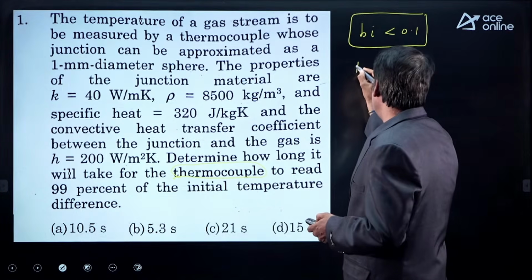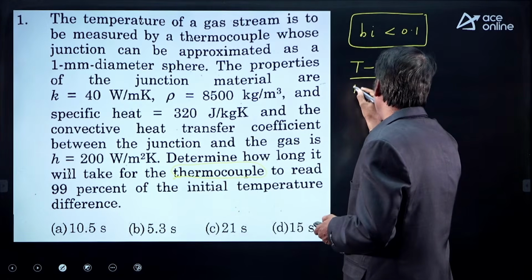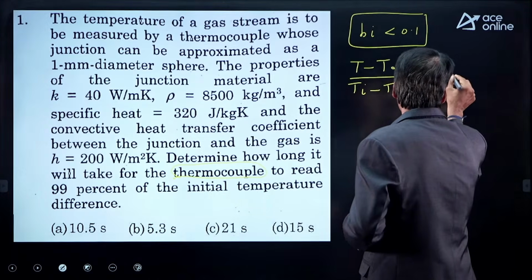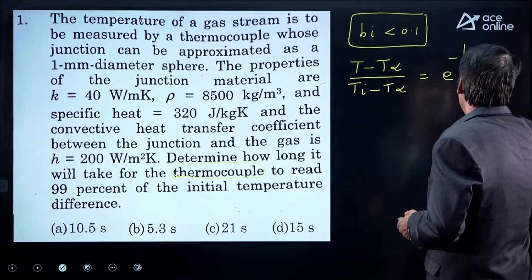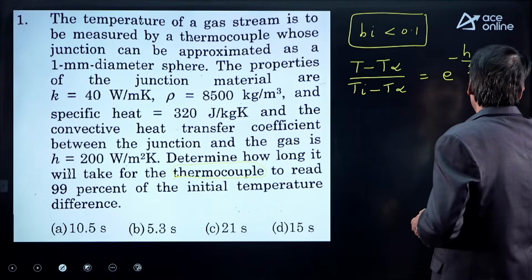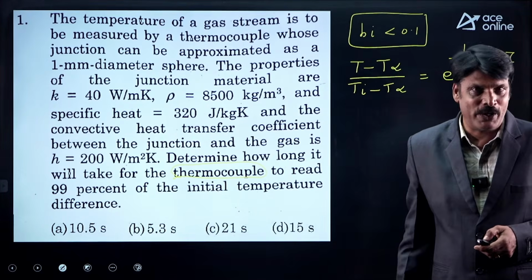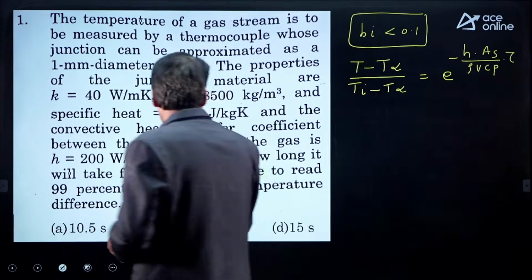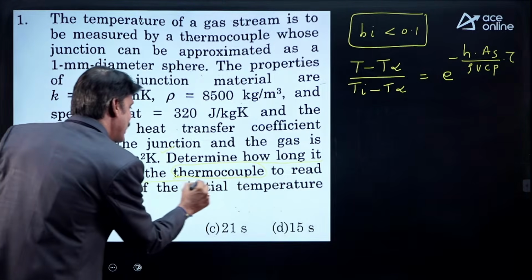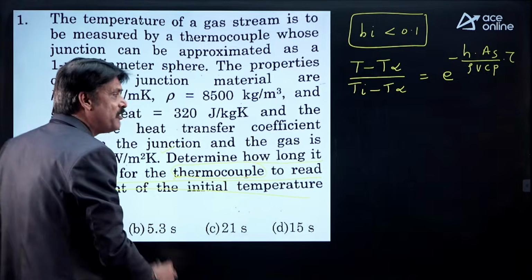wherein you write (T minus T infinity) divided by (Ti minus T infinity) is equal to e to the power of minus h into As divided by rho V Cp into tau. The beauty of this question is, he said determine how long it will take for the thermocouple to read 99% of the initial temperature difference.